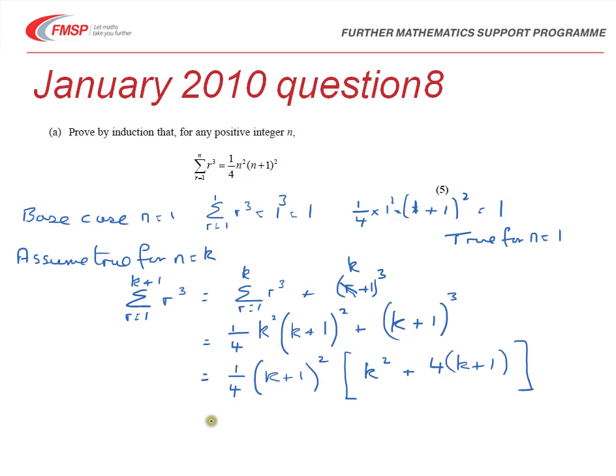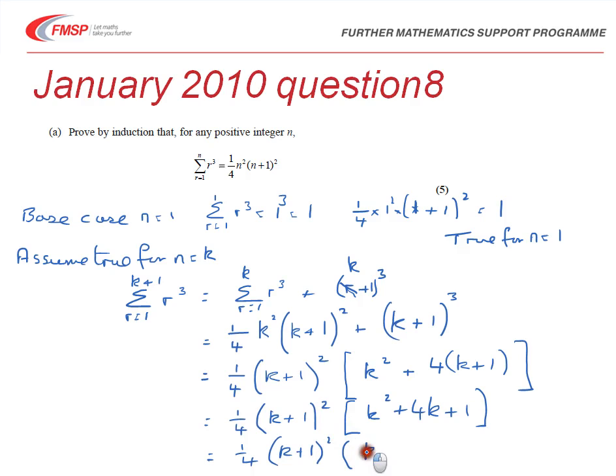Well, we're almost there now. This is then 1/4 (k+1) squared. In the square bracket, this is k squared plus 4k plus 4.